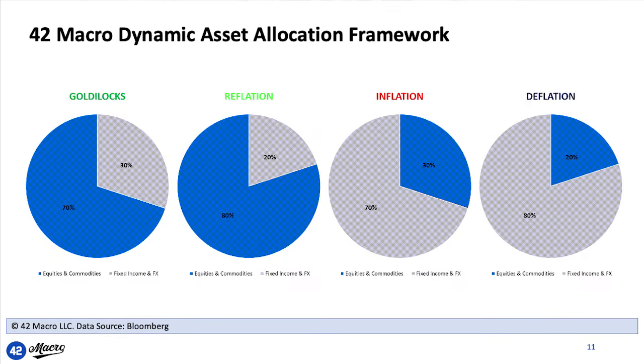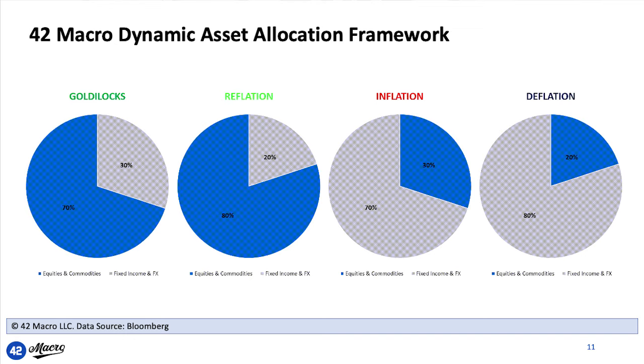On slide 11, this is our dynamic asset allocation framework. So based on the great asset market backtest, we generally know the relative performance of the four liquid asset classes on an ex-ante basis. And so these are roughly, and I'm obviously using some pie charts here, the appropriate shares that you should have in each of these regimes.